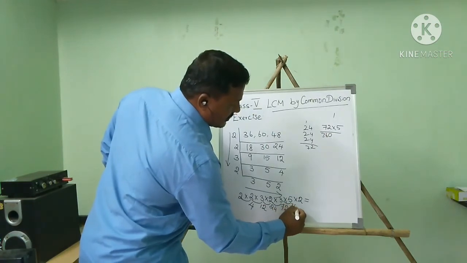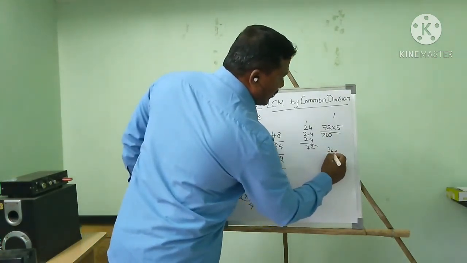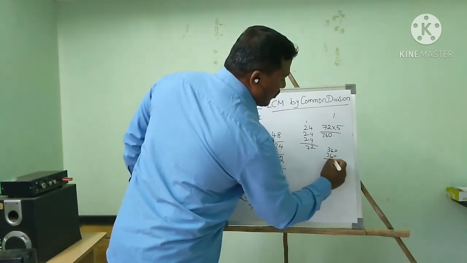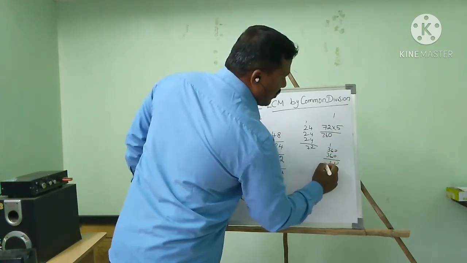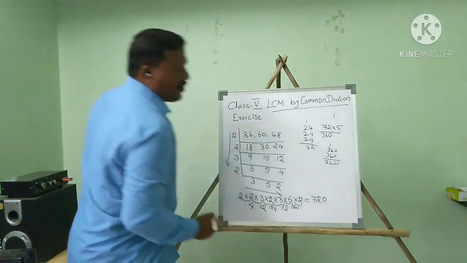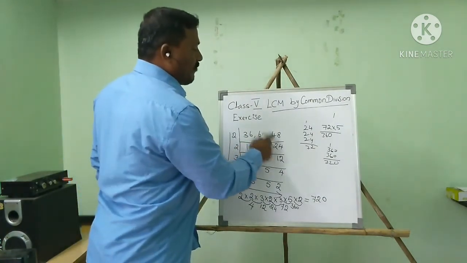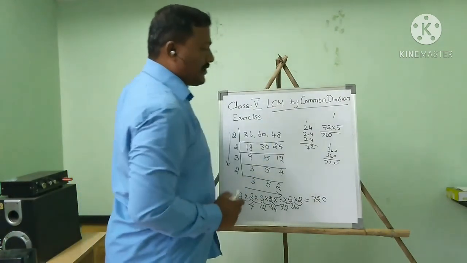So 360 into 2 is 720. So 720 is the lowest common multiple of 36, 60, 48 by using the common division method.